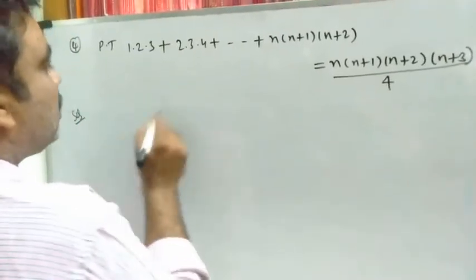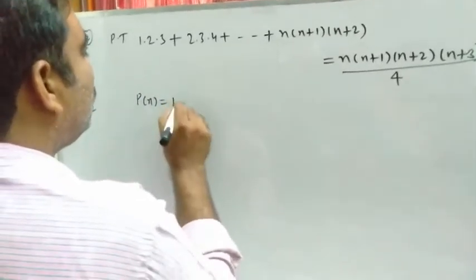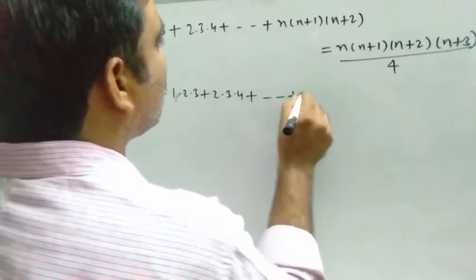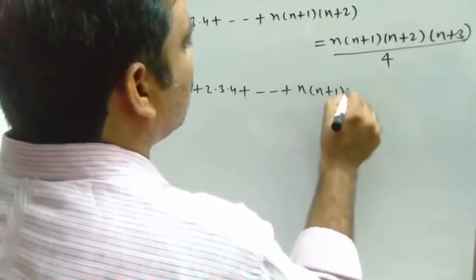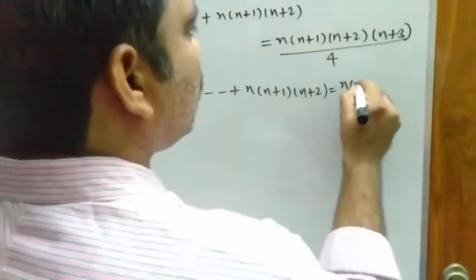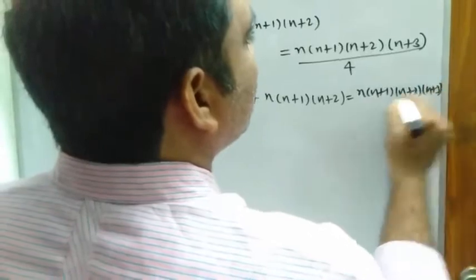So let us first write the given P of n, 1 into 2 into 3 plus 2 into 3 into 4 plus so on, plus n into n plus 1 into n plus 2 is equal to n into n plus 1 into n plus 2 into n plus 3 by 4.